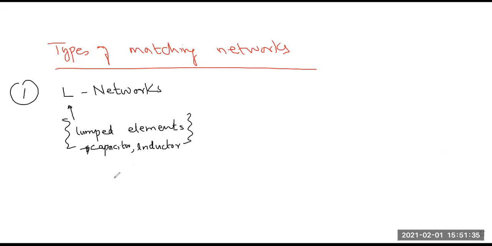There are some advantages as well as disadvantages of L networks, which we will talk about throughout this course. But if I mention one limitation of L networks, it is that they are feasible only for low frequency applications. Okay.